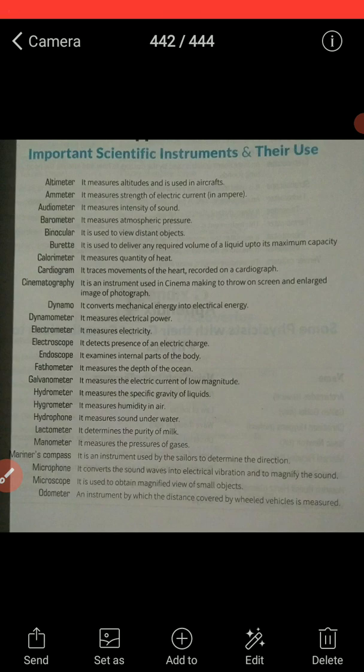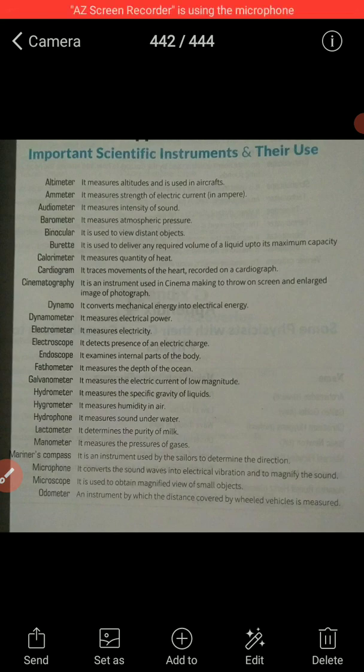Manometer is an instrument which is used to measure the pressure of gas. Actually, if we want to know about the pressure of gas, then we can use manometer.